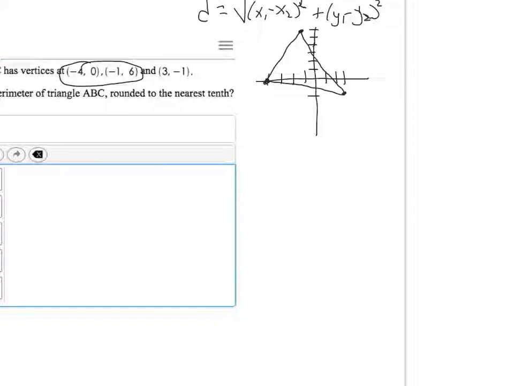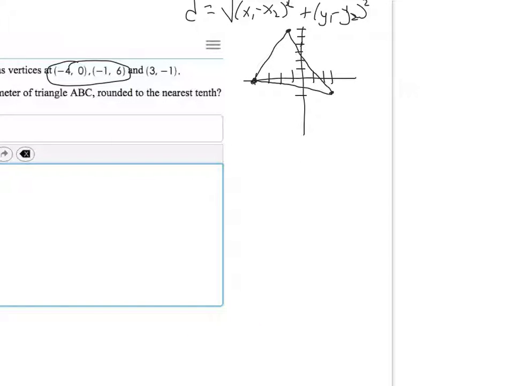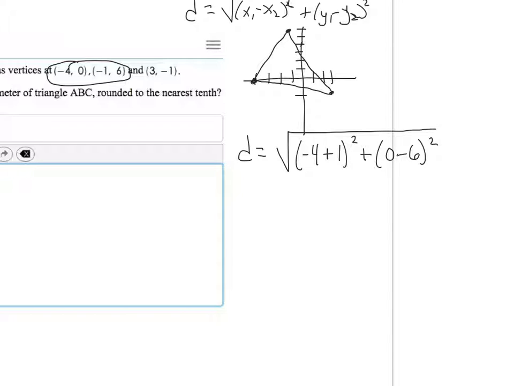So the distance between (-4, 0) and (-1, 6) is going to be the square root of (-4 minus -1), so that'll be plus 1, squared, plus (0 minus 6) squared. So negative 4 plus 1 is negative 3 squared, plus negative 6 squared.